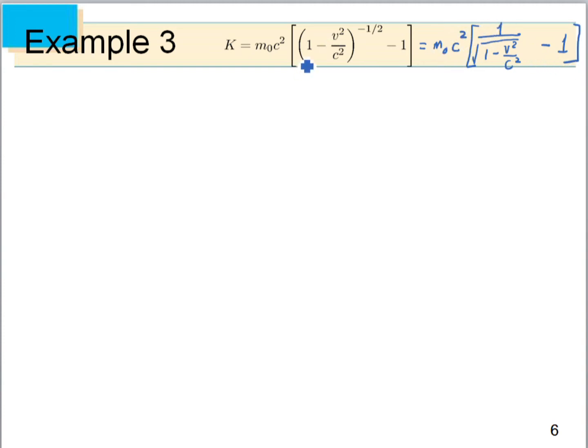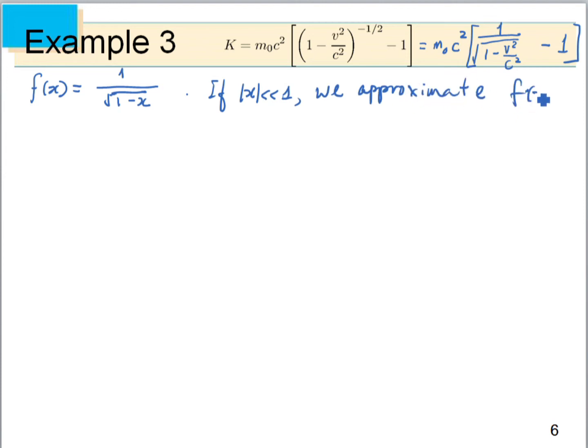Alright, 那我整理一下呢，这个 k 的式子呢，就看得出是一个根号分之一的这个式子。那现在我们来探讨一下这个函数 f of x 等于 1 减 x 的根号分之一，right? 那要是 x 非常小的话，那我们就用它的 Taylor polynomial。We approximate f of x with its Taylor polynomial. 那首先我们就要写出它的 Taylor series.